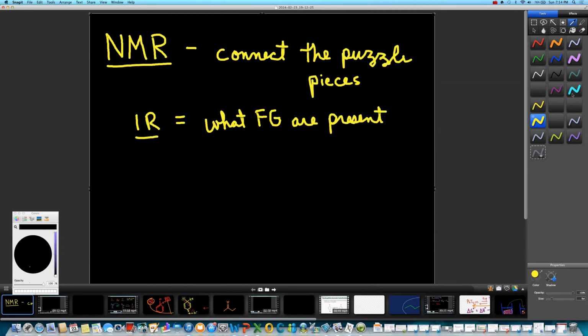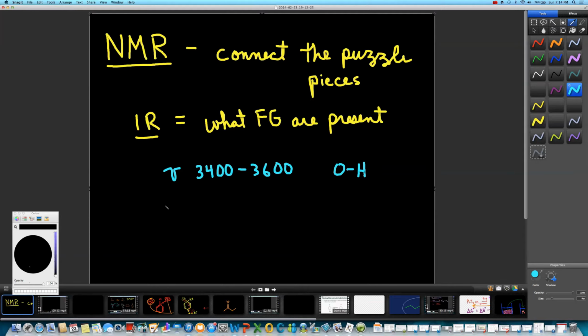For example, if we get an FTIR spectrum and we see a broad stretch from 3400 to 3600, we know that there is an OH group in our molecule.